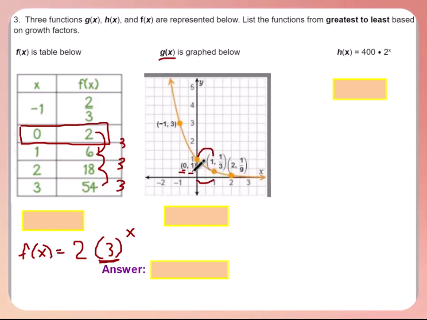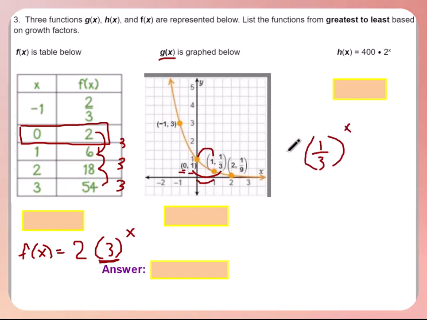So how do you get from 1 to 1/3? This time you would have to take 1 and divide by 3 to get 1/3. And you can see that we're not growing, we're decaying, we're dropping down. So our growth factor, or the better way to say this is our decay factor, is 1/3.